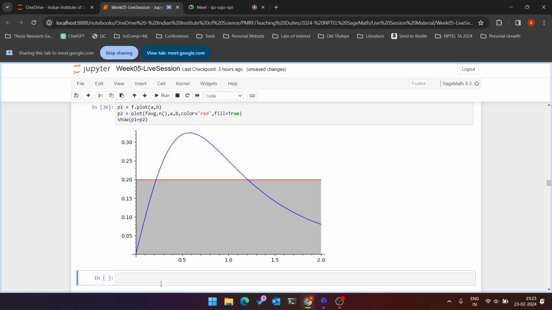If I wish to solve for this, I could do solve f of x equaling f average dot n and ask it to calculate.